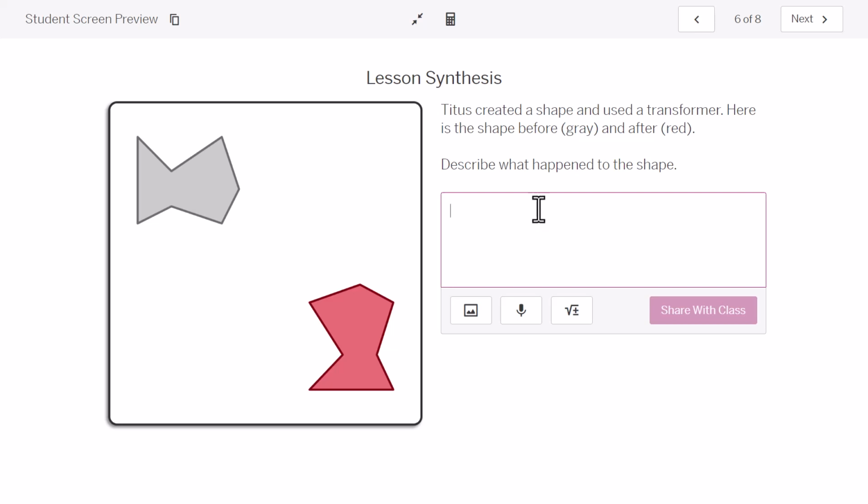It looks like, first of all, it turned. We can be more precise if we'd like. I'm going to say it turned 90 degrees counterclockwise. After it turned, it moved down and to the right.